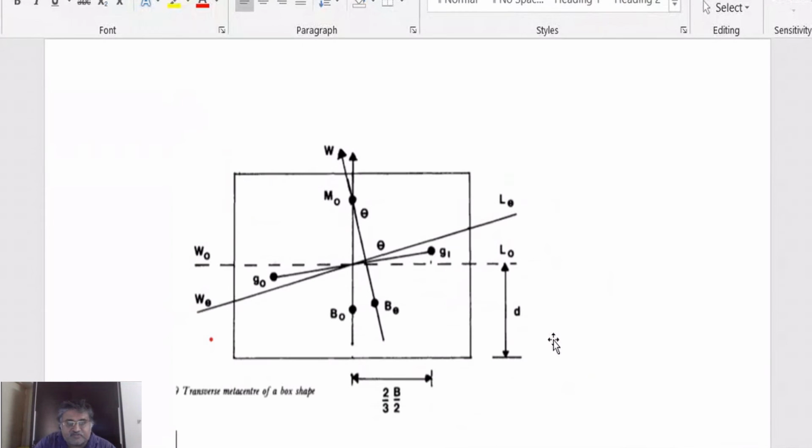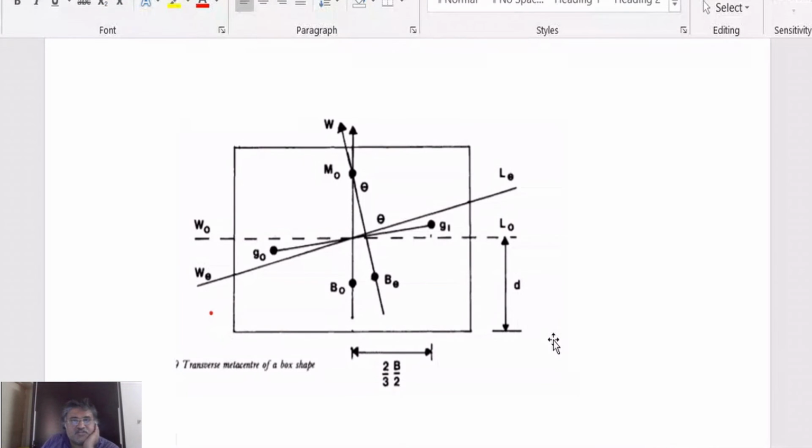Now I'm going into this figure. This is the cross section of a box-shaped barge. A box-shaped barge means it's a rectangular box. It's known as a barge. So box-shaped barge.